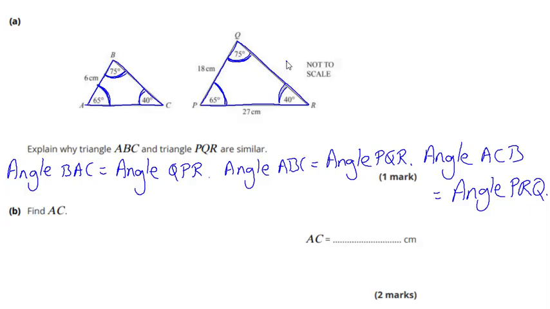And it's worth reminding ourselves of how in these GCSE, IGCSE questions they label angles. So for example, if we say angle BAC, then that means I start at B, move to A, and then to C, and it's the angle in the middle. It's always the angle of the middle letter. If I say angle QPR, I start at Q, move to corner P, and then to R, and it's the angle in the middle.